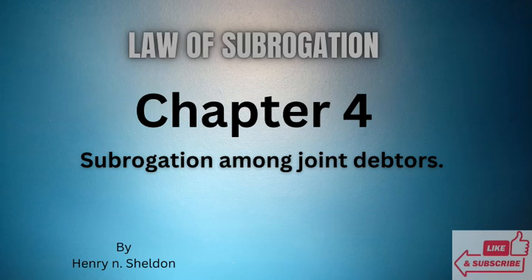172. Where securities belonging to different owners are held for the same debt. Where securities belonging to several different persons are held together to secure the payment of a single debt, they should be applied pari passu to the satisfaction of the creditor, so that each of the several owners of the securities may contribute his just proportion of the common burden.